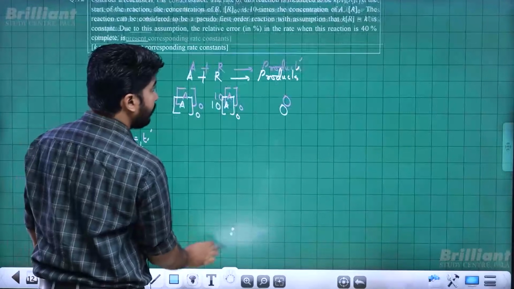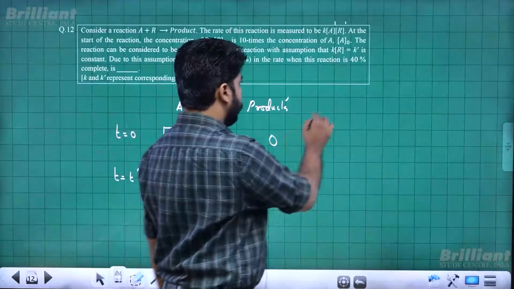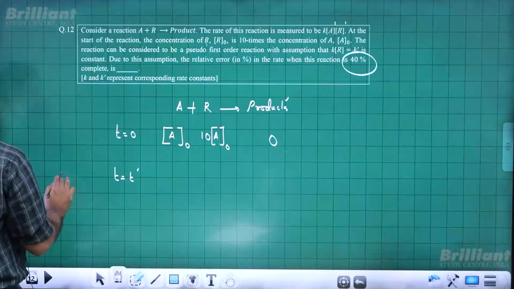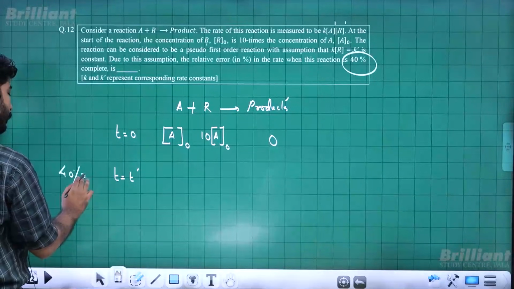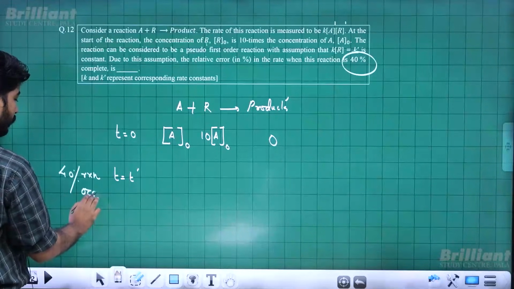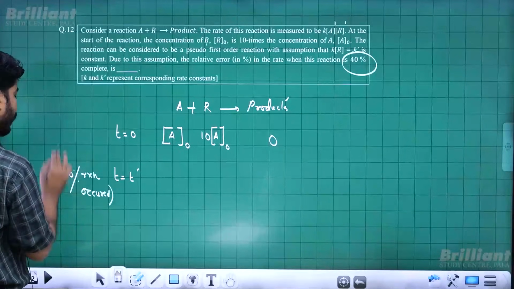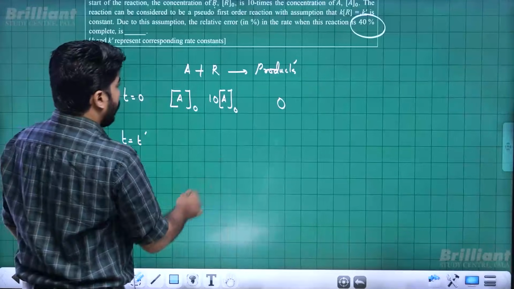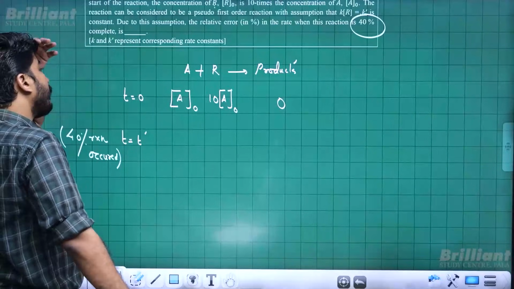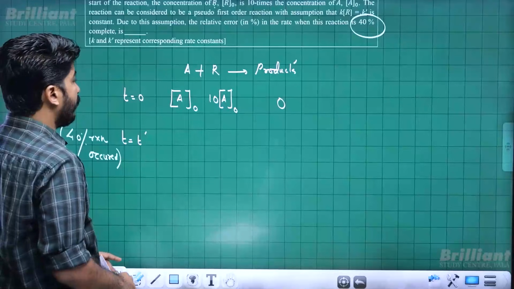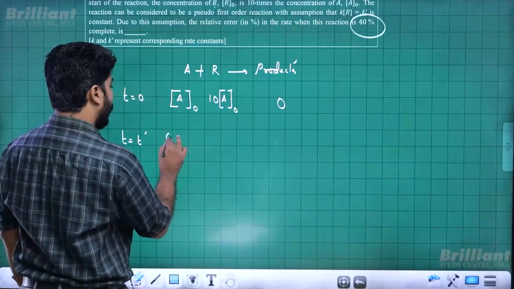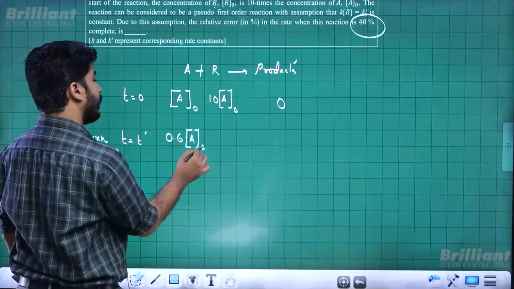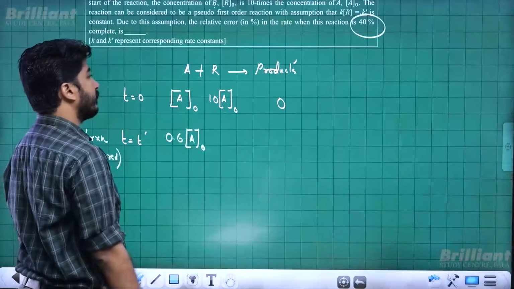At a later time, as the reaction reached 40% completion, so at a point where 40% of the reaction has been completed. 40% reaction completed means 40% of the limiting reagent has been consumed. So only 0.6 A0 is remaining now. Remaining 60%, while 0.4 A0 has been consumed.